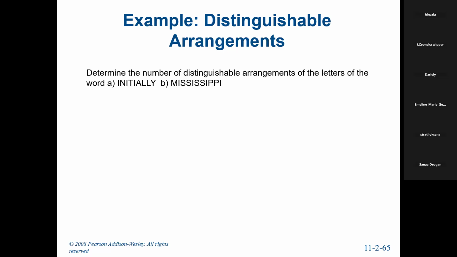Are we done? Yes. Okay. You see the first one, part A. You see the word initially, right? How many letters do you have in this word? Eight.